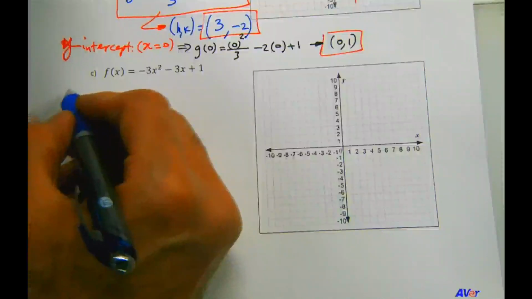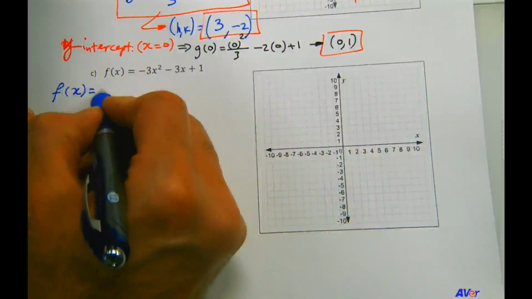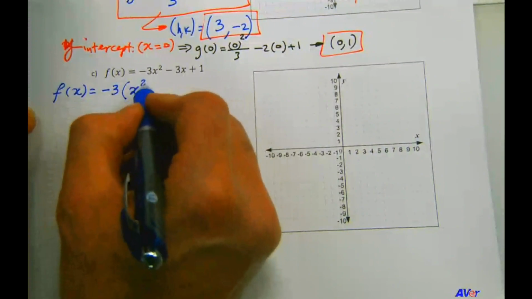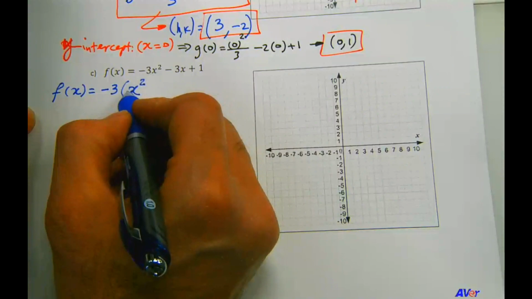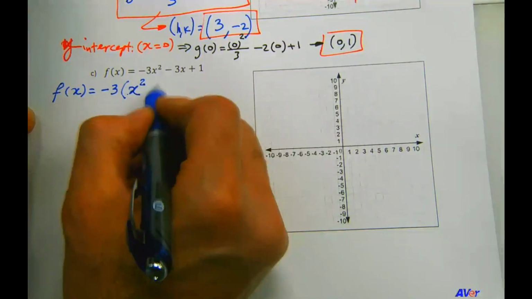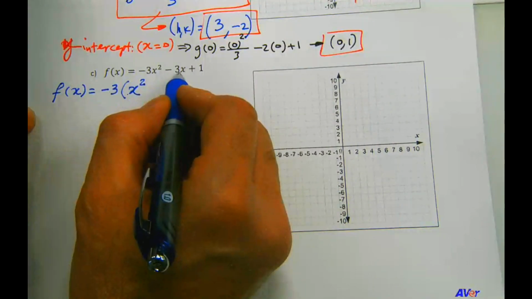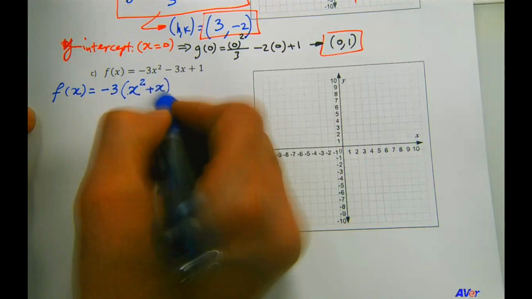So let's factor. f of x is equal to, we're going to factor out negative 3 times x squared, right? Negative 3 times x squared is going to give us negative 3x squared. Then what do I need to put here to multiply by negative 3 and get negative 3x? Positive x, right?